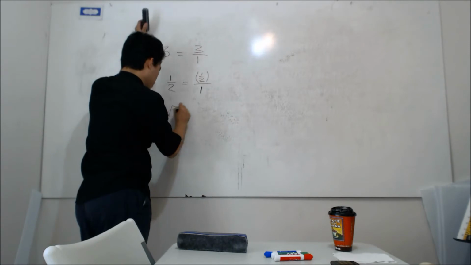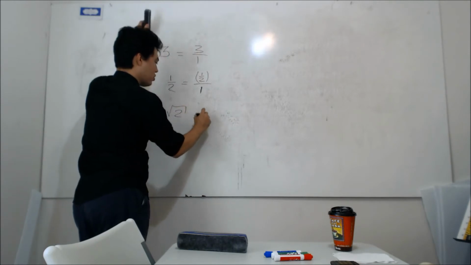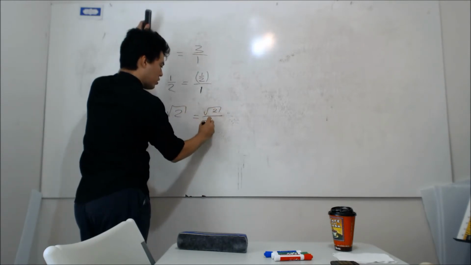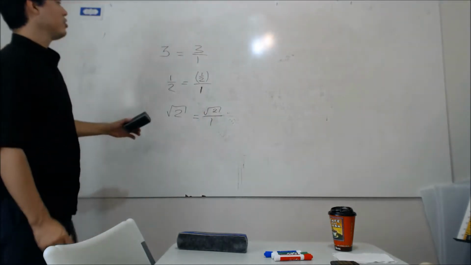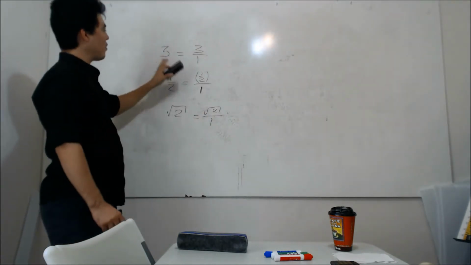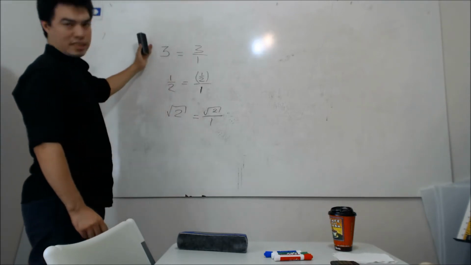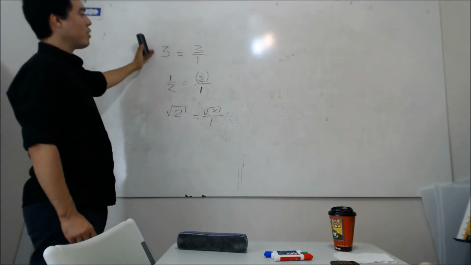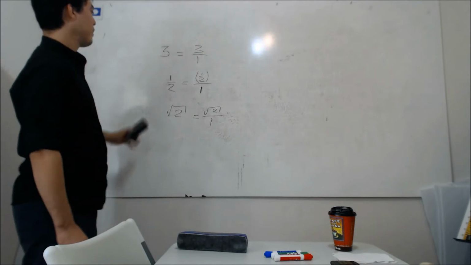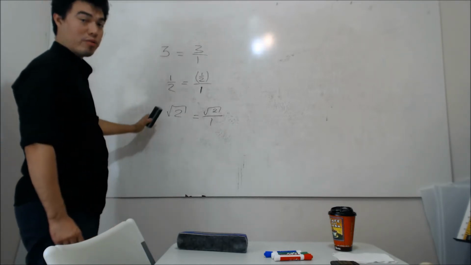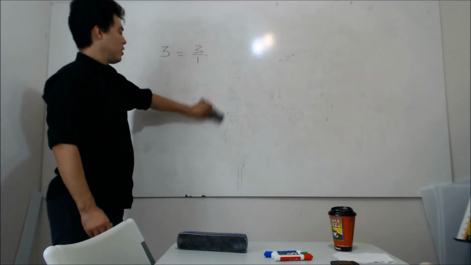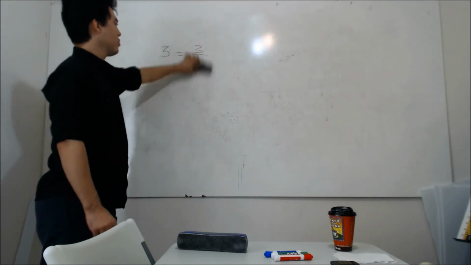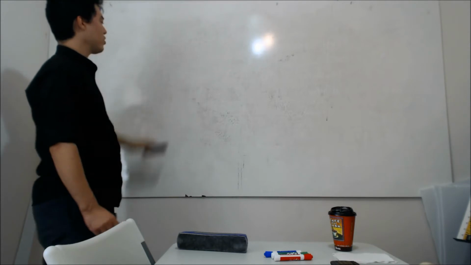You know, the square root of 2 is equal to the square root of 2 over 1. So now I wanted to bring this example in because it's going to help us when we add fractions. But these two examples also show that it's not restricted to numbers that are not fractional or that are even irrational, like the square root of 2. But anyway, let's get back on track.